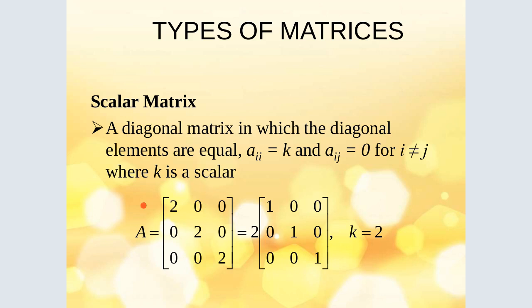So they are using a 3 by 3 identity matrix with 1, 1, 1 in the principal diagonal, then multiplying with 2. Hope by now you understand how to multiply matrices. But if you have a question, you can be typing the question.